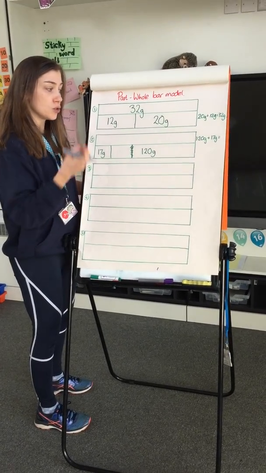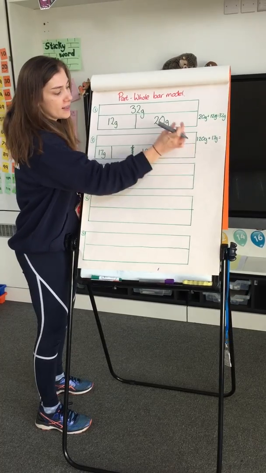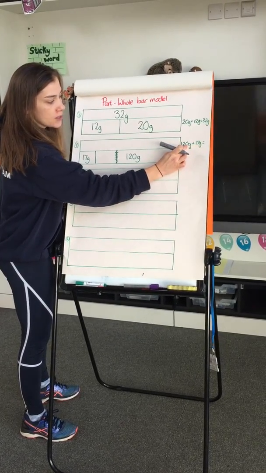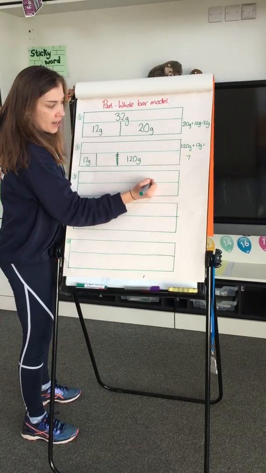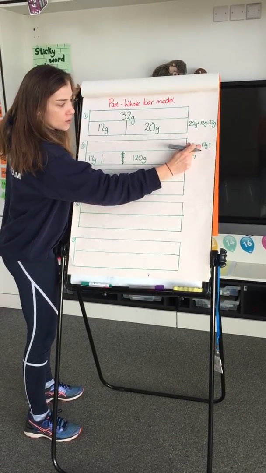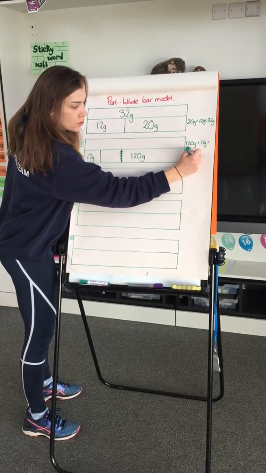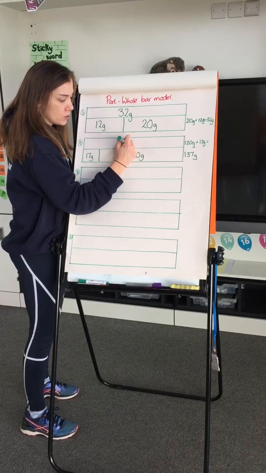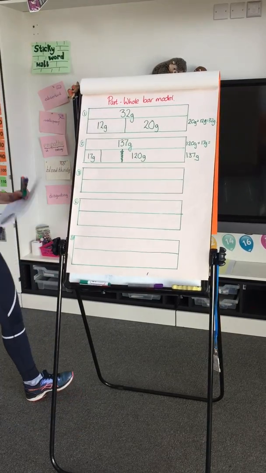You might want to just look at the numbers and see if you can add them together. I can see that if I add 7 to my ones column, my ones column is going to have a 7 in it. 10 add 20 is 30 and 100 add nothing is 100, 137 grams. So all together they weigh 137 grams.